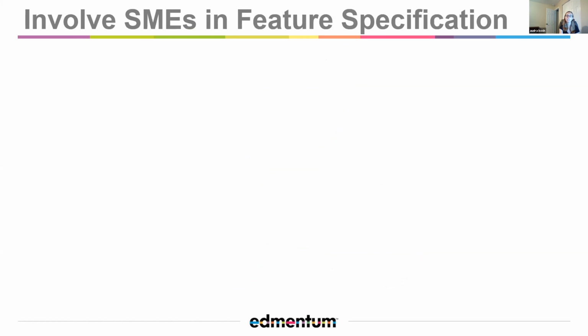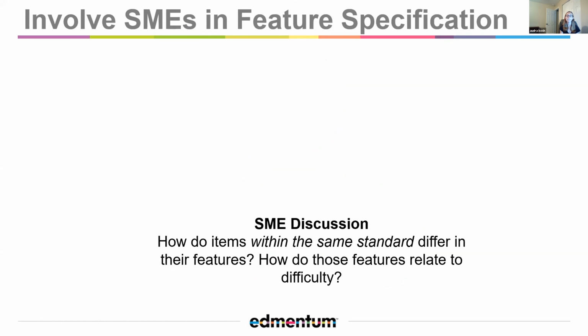So the first one includes involving SMEs in the feature specification. The features are what components of the item can vary and may affect difficulty intentionally or unintentionally. And the guiding question here for the SMEs to discuss is, when looking at items within the same standard, how do those items differ in terms of their features, and how do those features relate to difficulty?